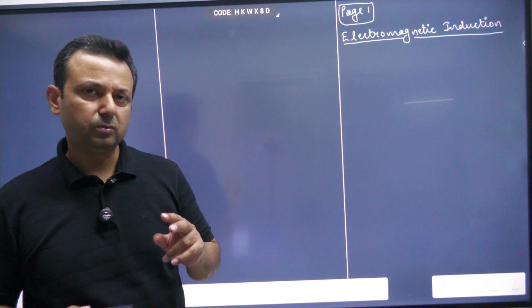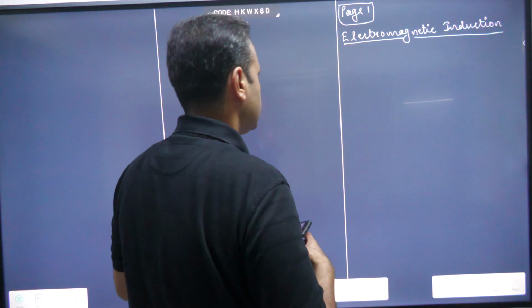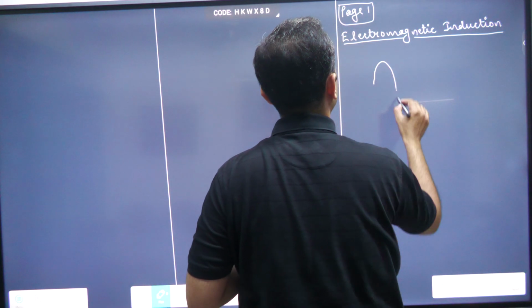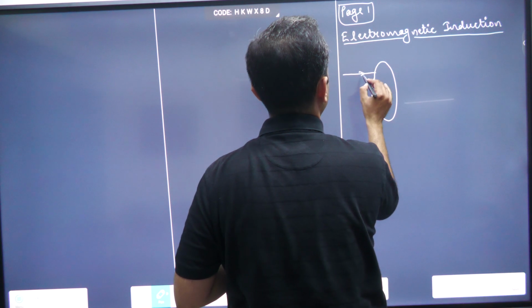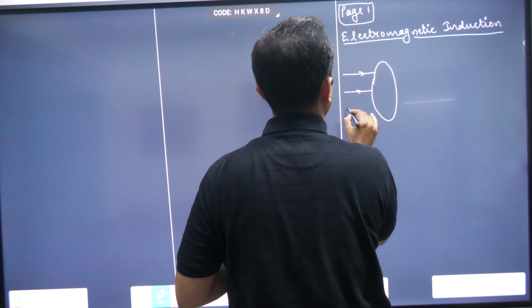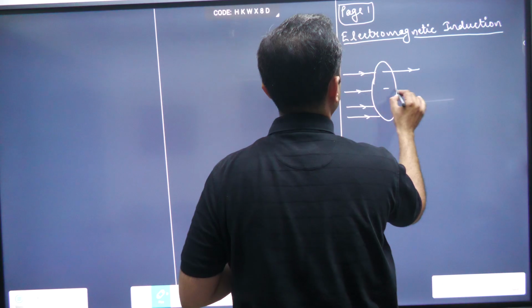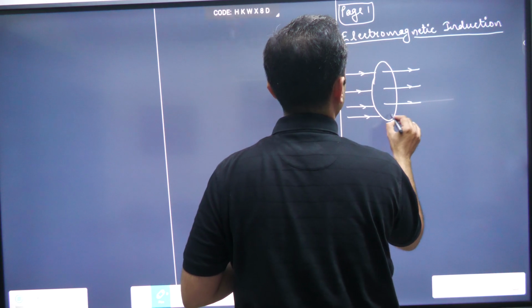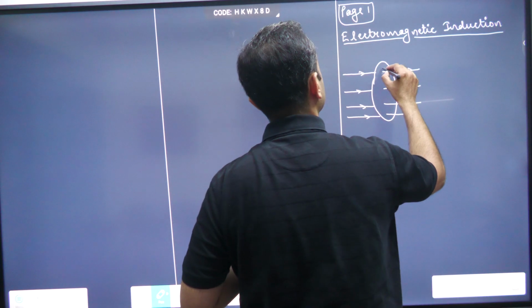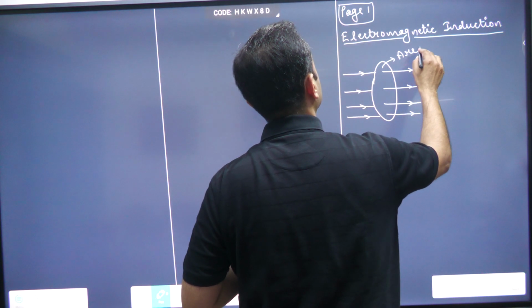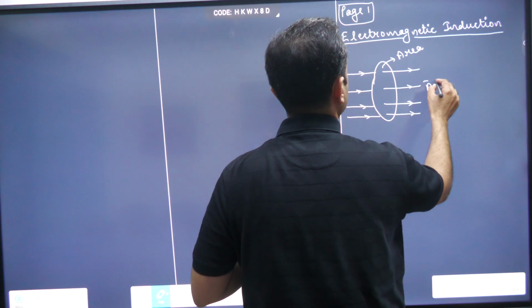So we have two different orientations of a loop. First is this. If we have a loop like this and some magnetic lines of force are coming to the loop and crossing it like this, this is the area, and these are the magnetic field lines, B vector.